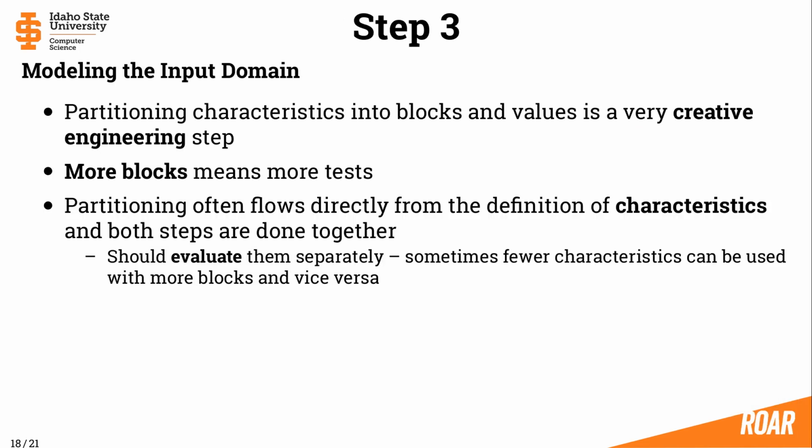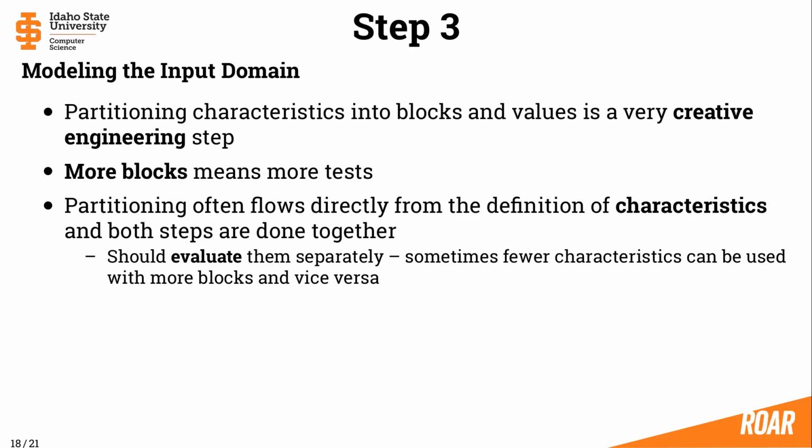All right, back to the steps. Modeling this is back to understanding the steps. Now we need step 3, we need to model the domain. We need to partition characteristics into blocks and values, and we need to understand that this is a very creative engineering step. There's no scientific approach to tell you exactly what the characteristics should be and how we're going to break them into the blocks.